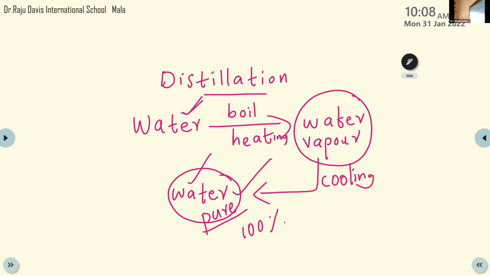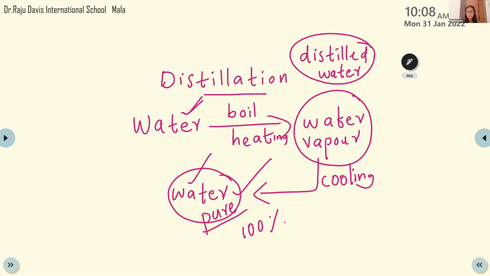Then after the process of distillation, what is the name of that water? After distillation, that water is known as distilled water. Then this distilled water is an insulator. What is the reason?